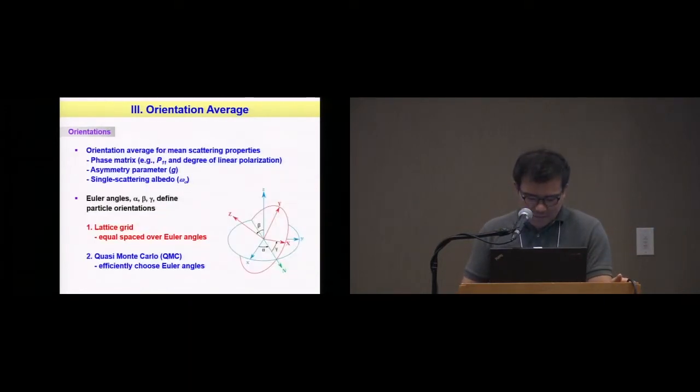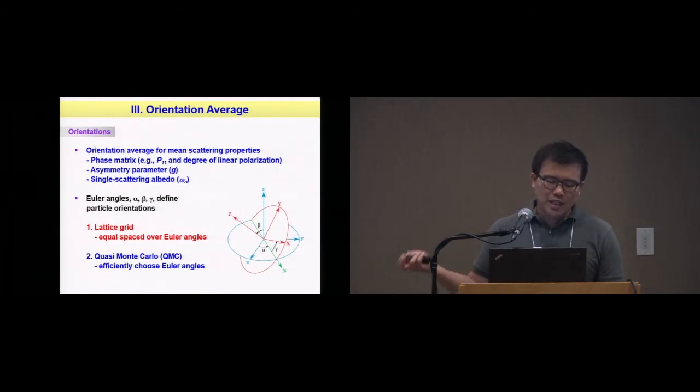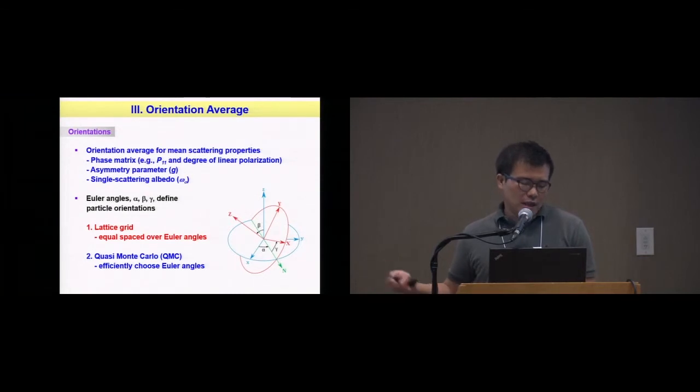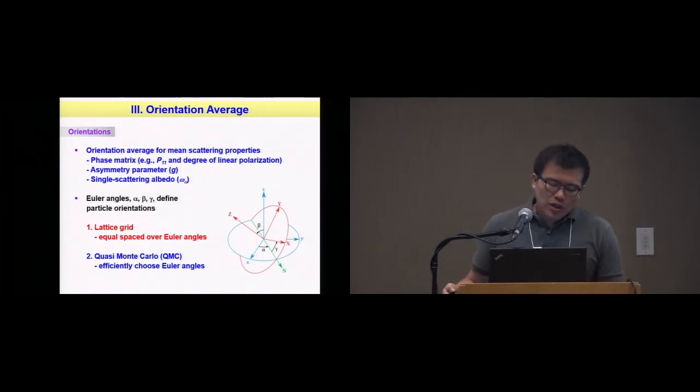Yes, we can. So I just mentioned this, we need the orientation average to get the scattering properties such as phase matrix, asymmetry parameter, single scattering albedo, and extinction efficiency, etc. And to define the orientation of an ice crystal, we commonly use the three Euler angles.